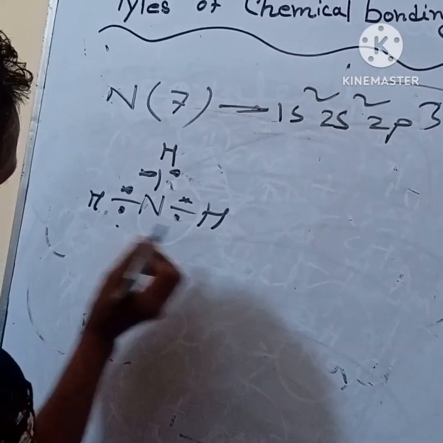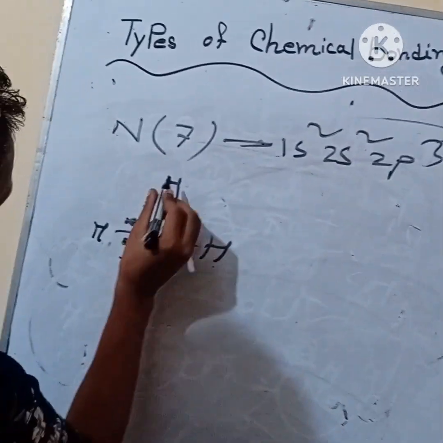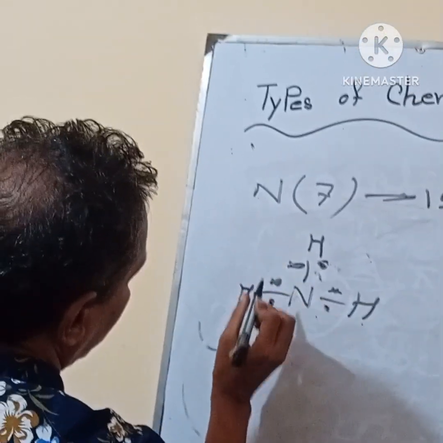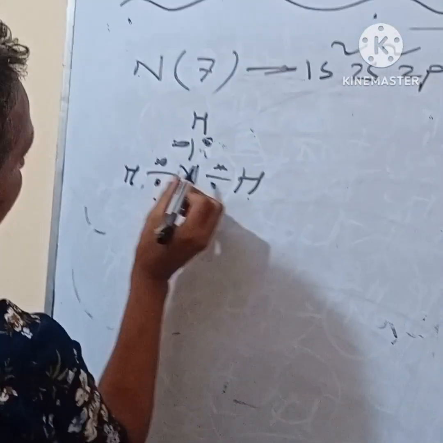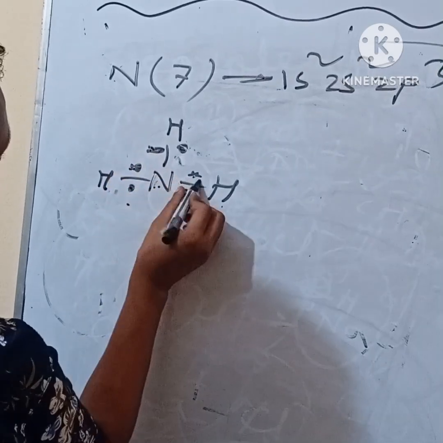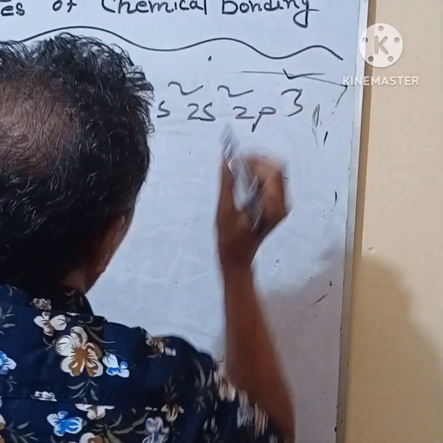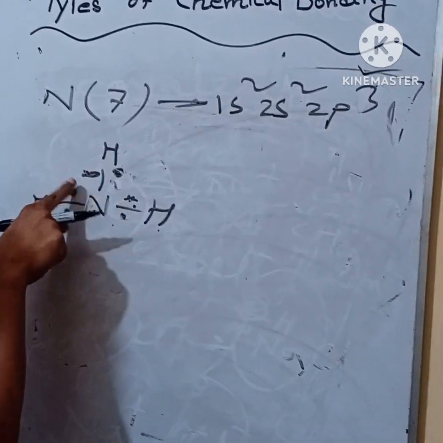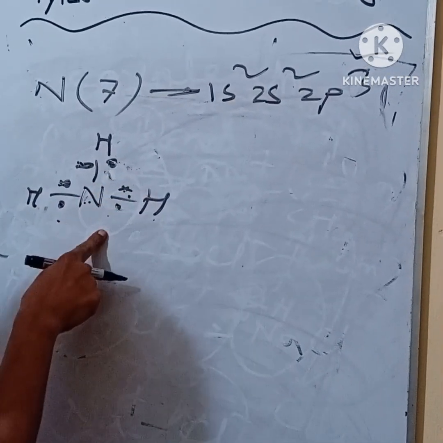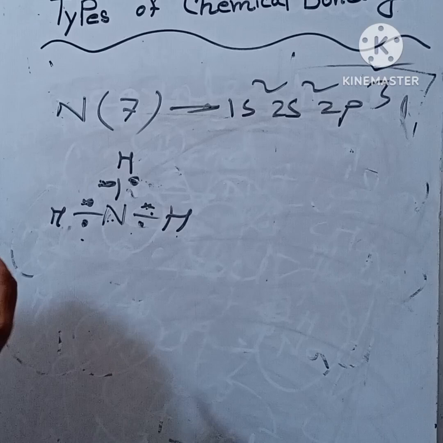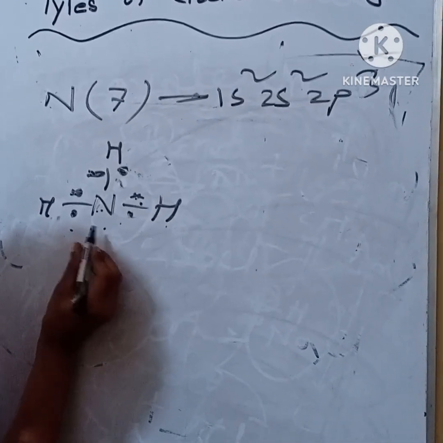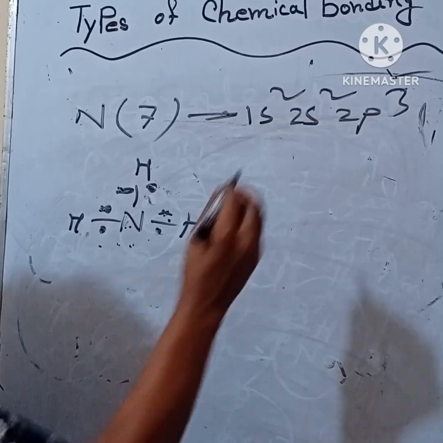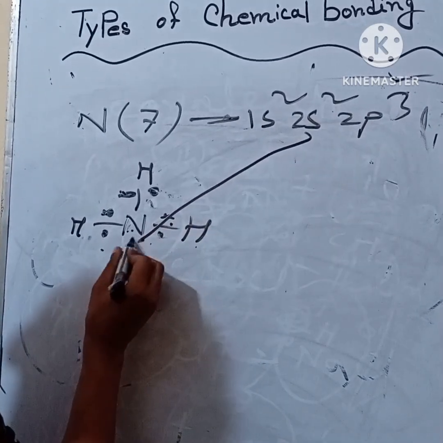Each hydrogen gives 1 electron, and nitrogen gives 1 electron each. These 3 electrons are shared with the 3 hydrogen electrons, 1, 2, 3, 4, 5, 6. We need the octet rule. And then there are 2 electrons as a lone pair. These 2 electrons are a lone pair.